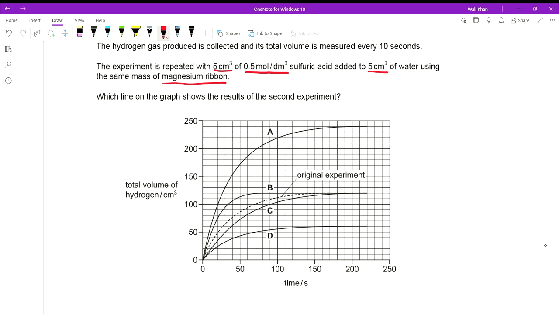So which line on the graph shows the result of the second experiment? This is the original experiment and the second experiment is half of it. So if it is about 100, this is the original line, and we take it at 10 seconds, measured in every 10 seconds. This is 50 seconds. Okay.